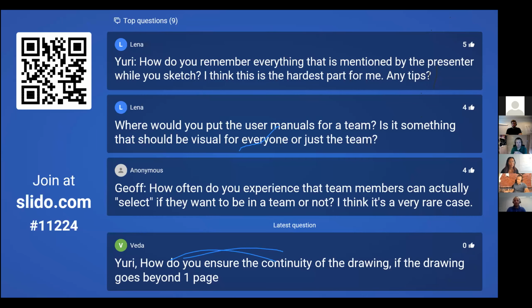But I think I'm going to tie that into Yuri's point here, if you like, and say, well, actually, it's the sharing of it rather than the artifact itself that's more important. So I'm pretty sure you'll remember a couple of things about that user manual, even if you can't remember all of them.